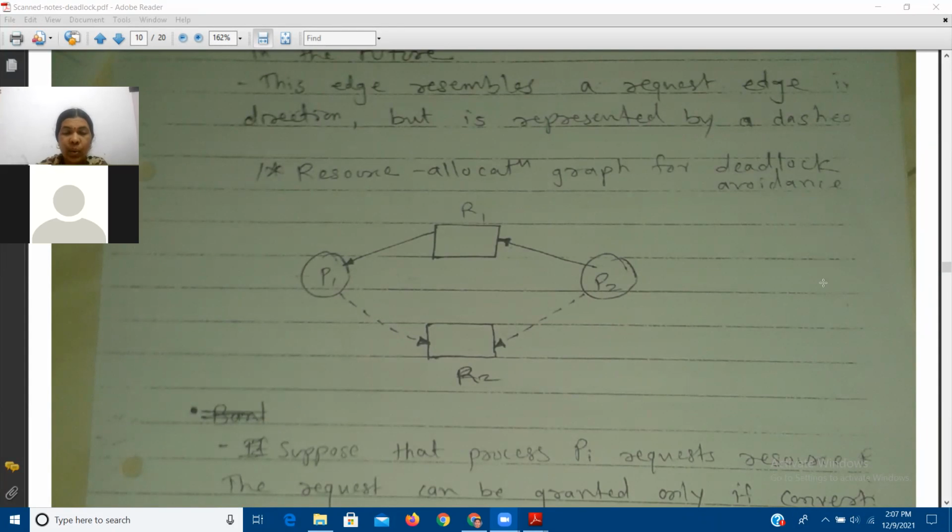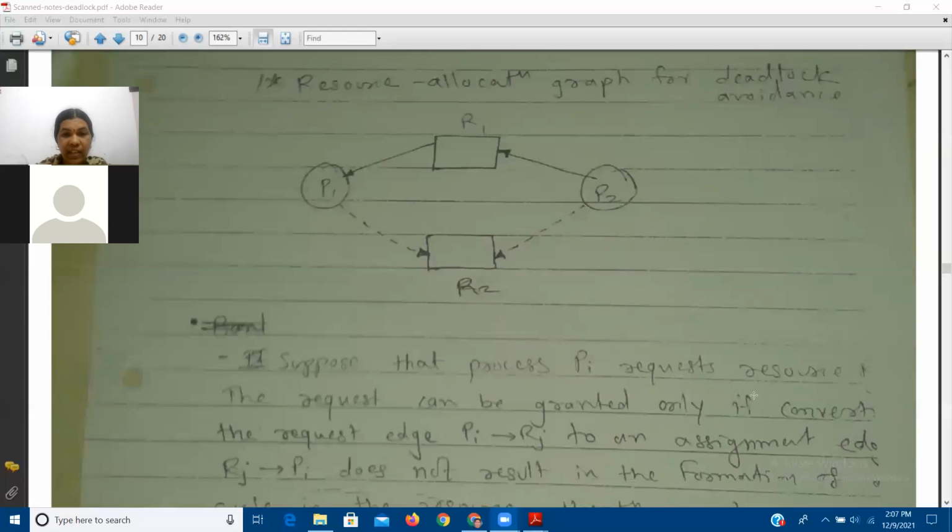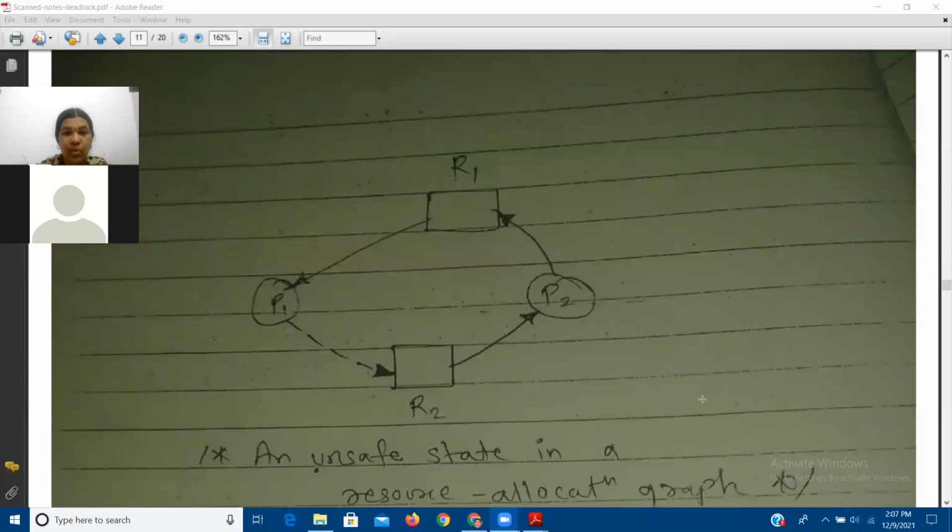So P2 to R2, whatever dashed arrow is there, will get converted into a solid arrow, that is a request edge. After some time that request is granted by the operating system, so the request edge will get converted into an assignment edge, and the arrow will be from R2 to P2. That is shown over here.